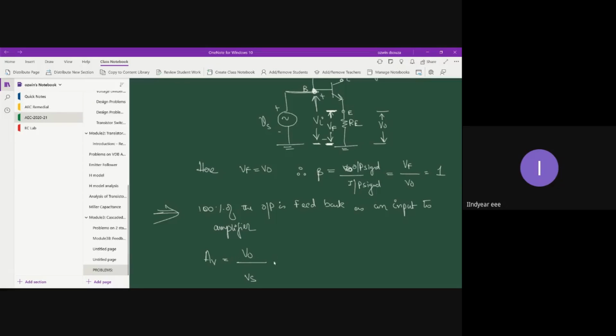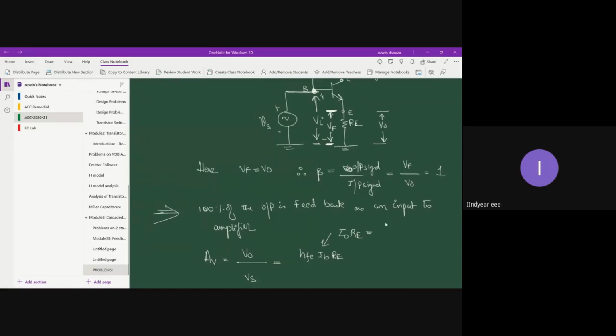In terms of h parameters, the output voltage can be written as V0 equals I0 into RE. What is I0?